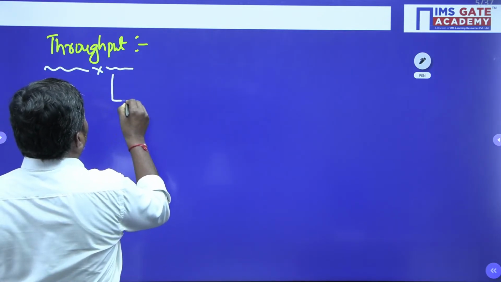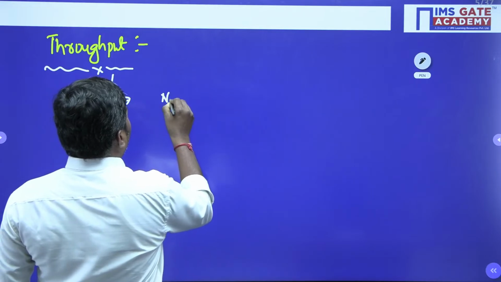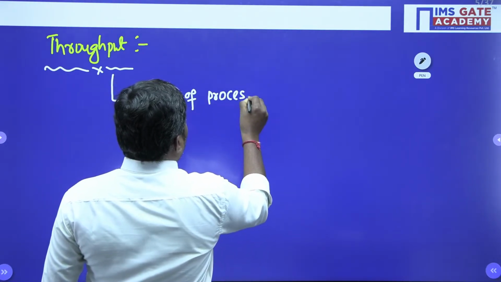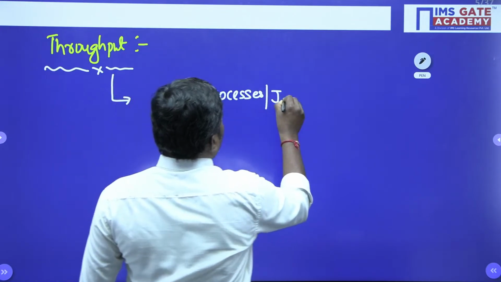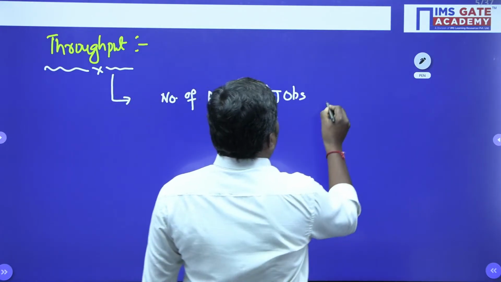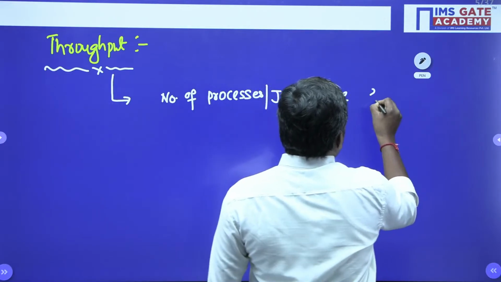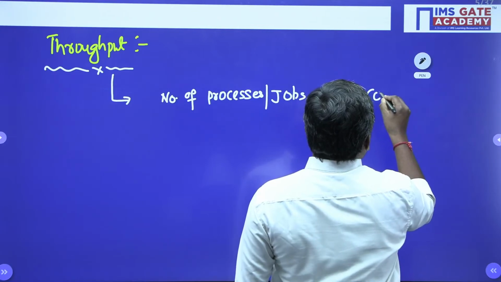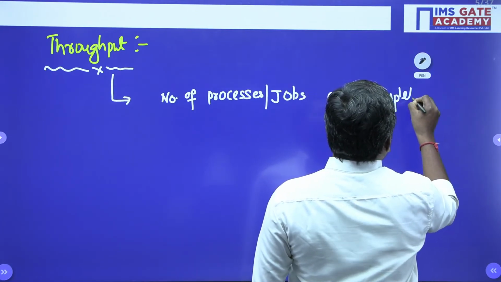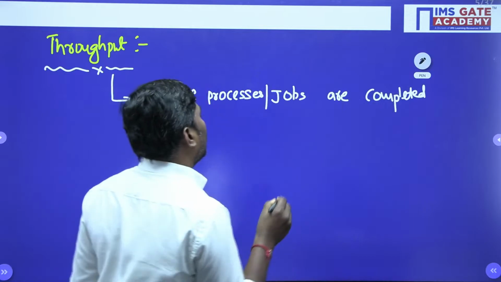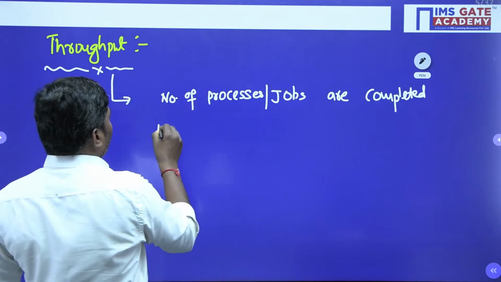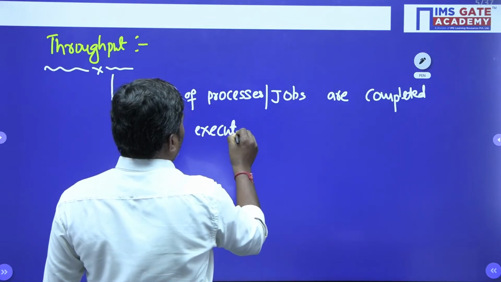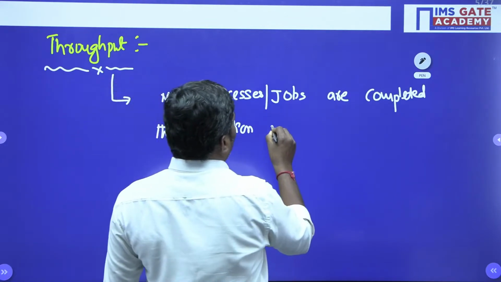Throughput is nothing but the number of processes or simply jobs that are completed their execution, completed their work, per unit time.